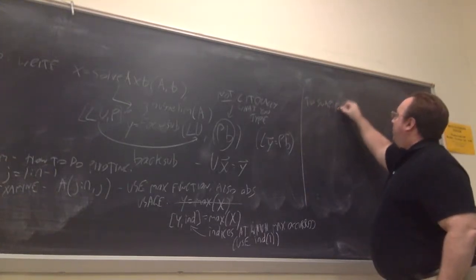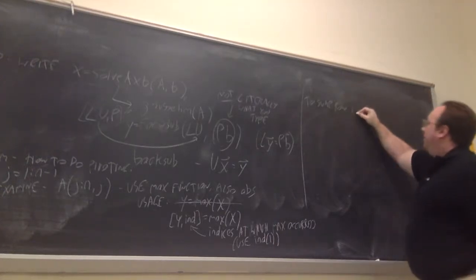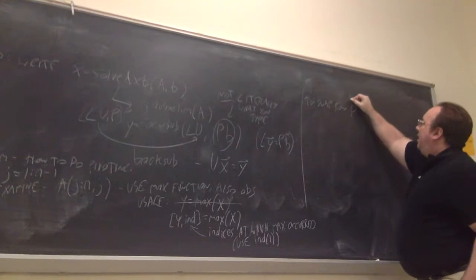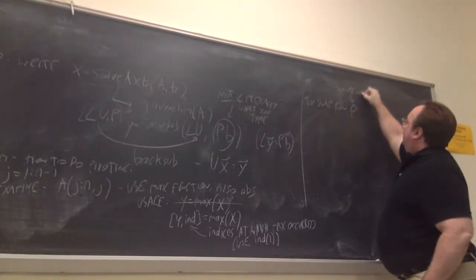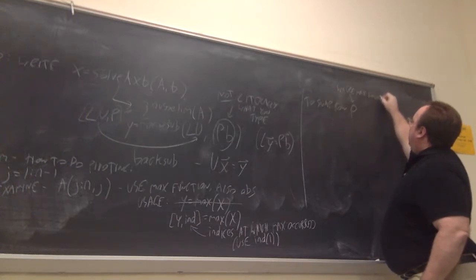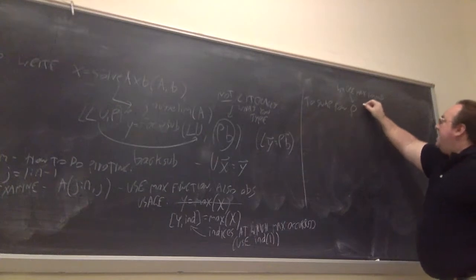So the swap: wherever you found the maximum, call it row P, you'll swap row P and row J.